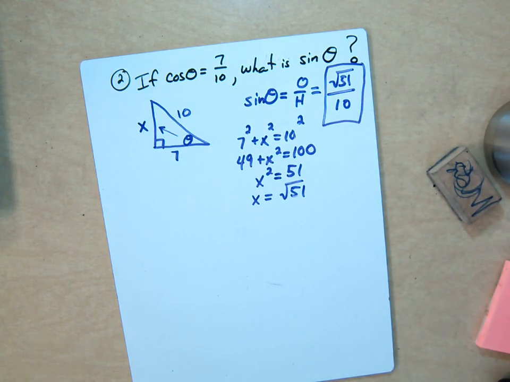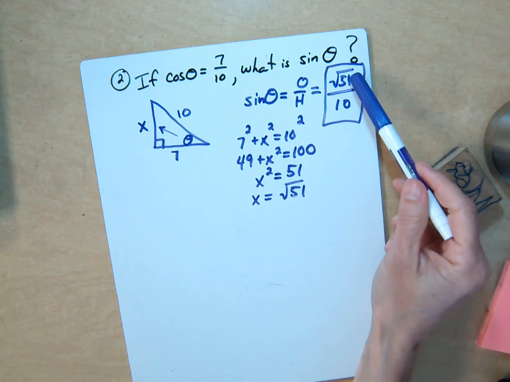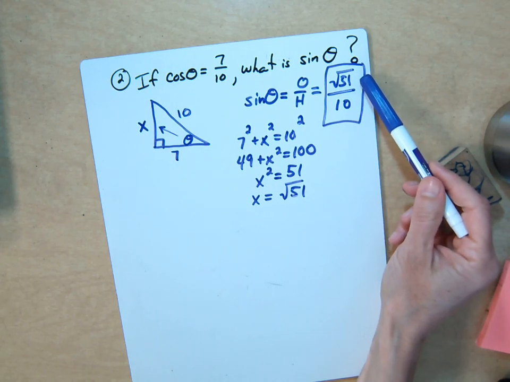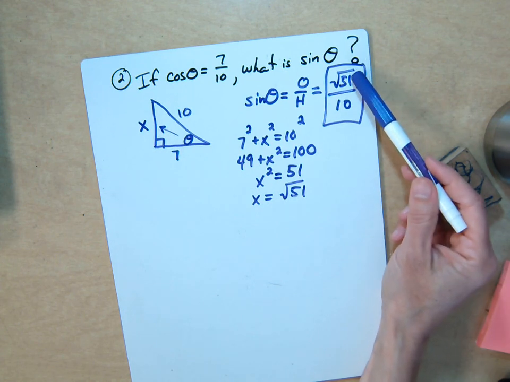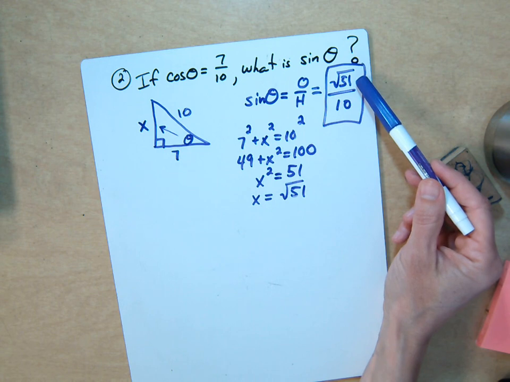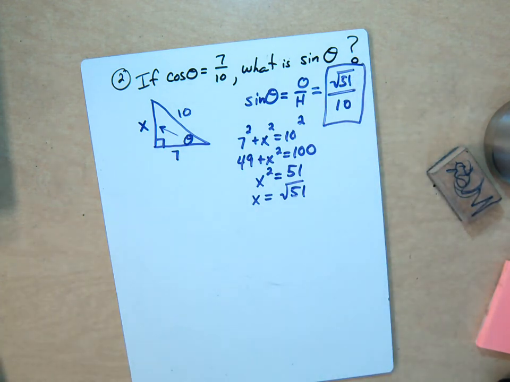And if you can simplify the radical, if you see a perfect square under here, you should pull it out. You should simplify the radicals. We did a whole unit on radicals. So if this was like the square root of 49, you should say 7. Or if there's any perfect square, but 51, I believe, is prime. You can only break it down into 1 times 51, so we can't do anything, and that would be our answer.